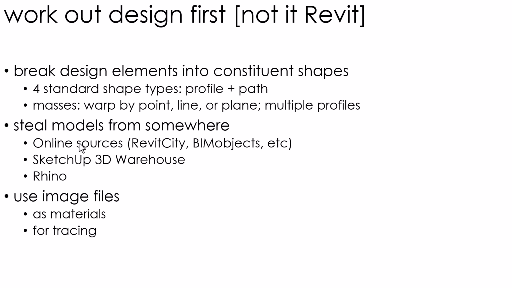Sometimes you actually can do better by going into Adobe Illustrator. There's an image trace feature which will generate lines from your image, not always successfully, but sometimes for simple patterns you can actually generate a nice set of lines which can then be brought into Revit directly, and you can create something like a split face with that.